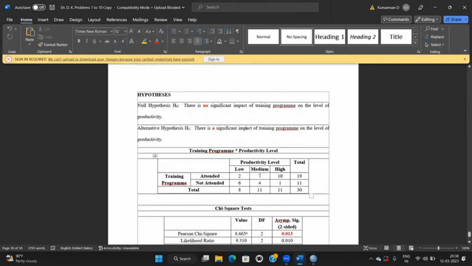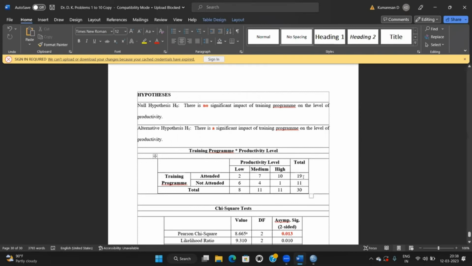For that, now we shall look at the first table. Out of 30 employees, 19 employees have attended the training. 11 employees have not attended the training program.